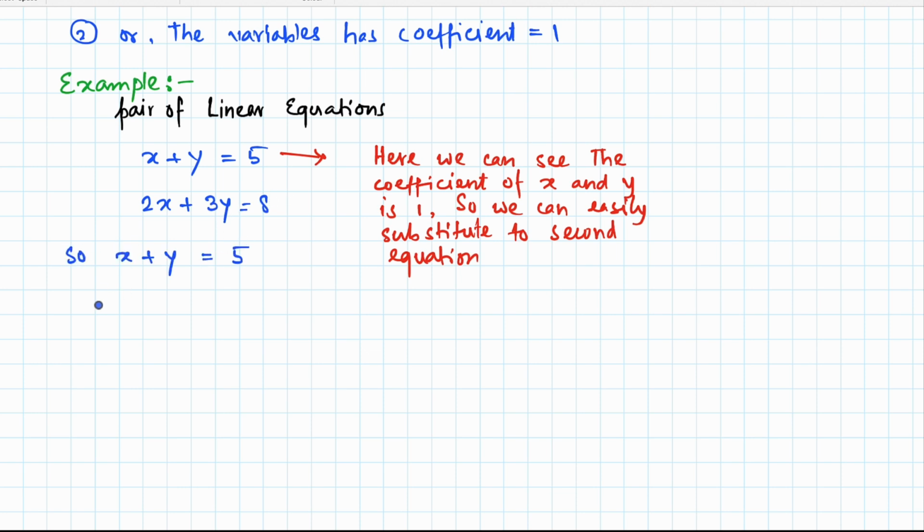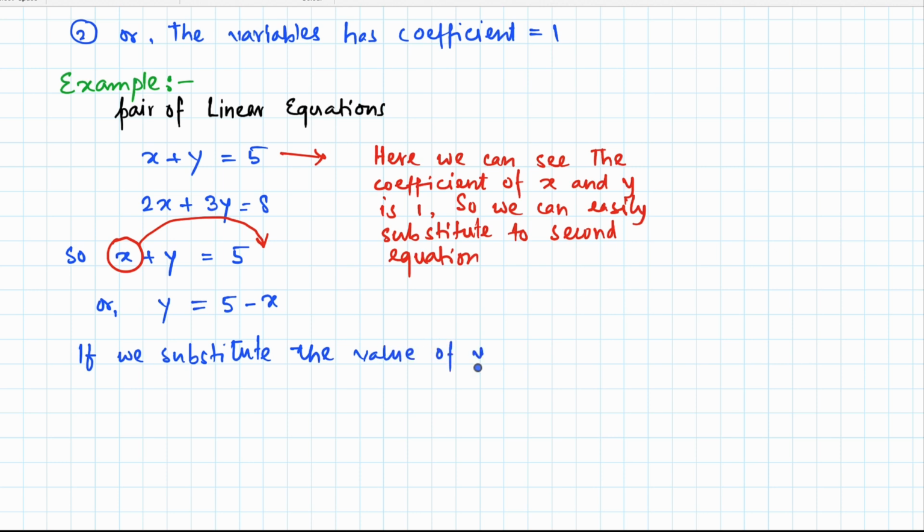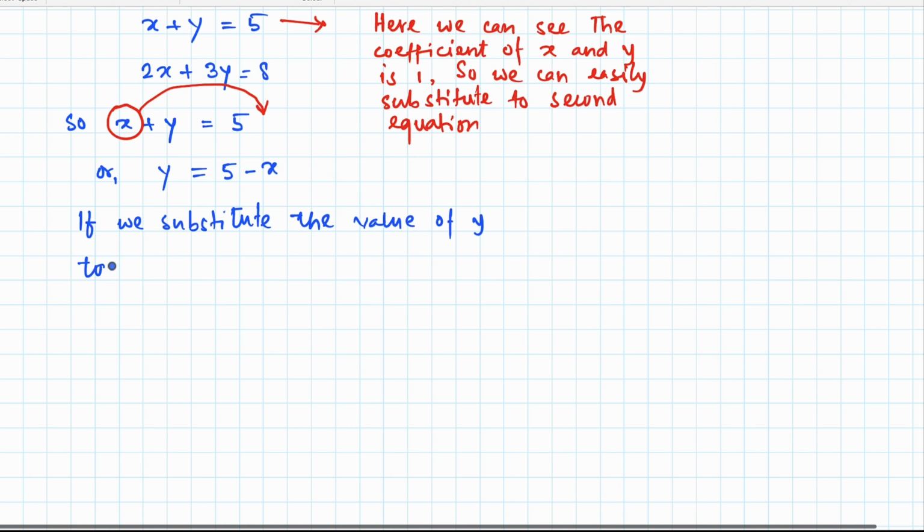So x plus y equal to 5, or y equal to 5 minus x. I'm expressing y in terms of x, moving x from left hand side to right hand side. The sign changes from plus to minus. Now if we substitute the value of y in the second equation, it becomes very easy to solve.